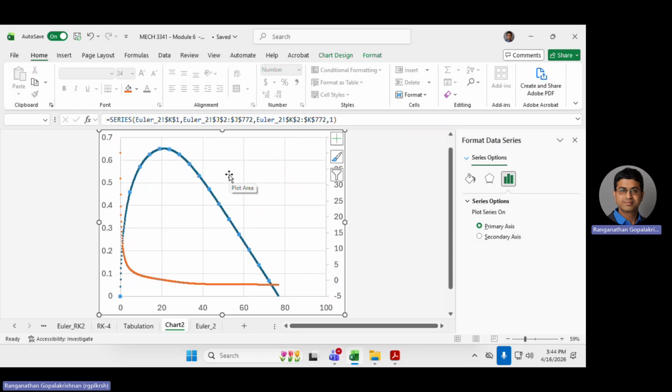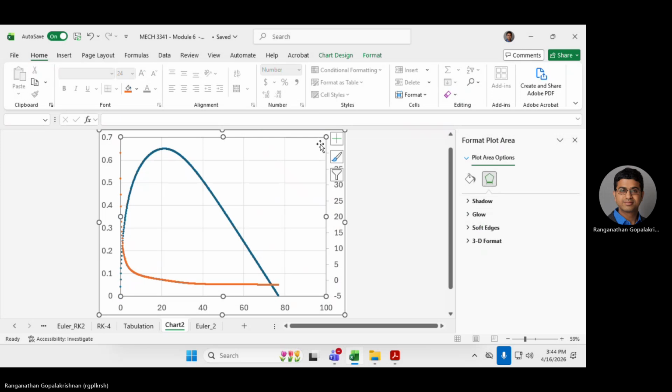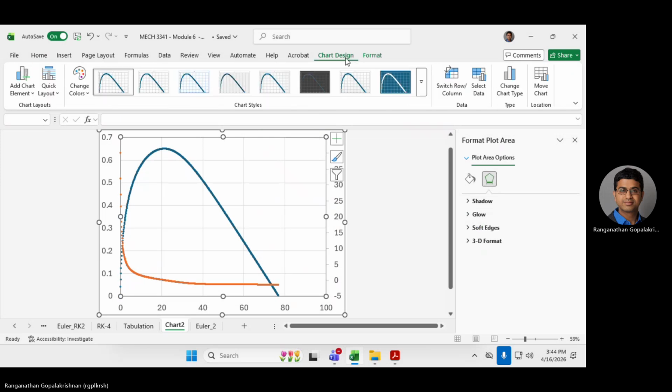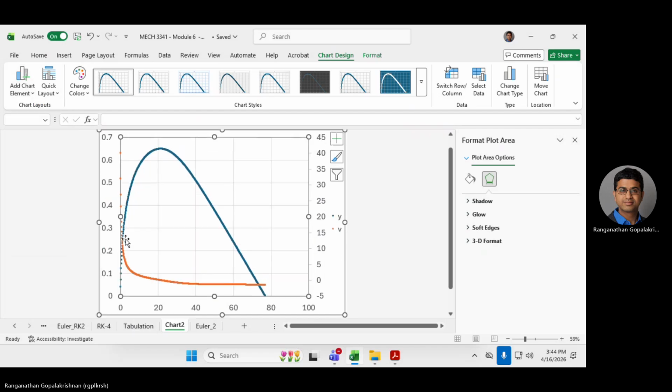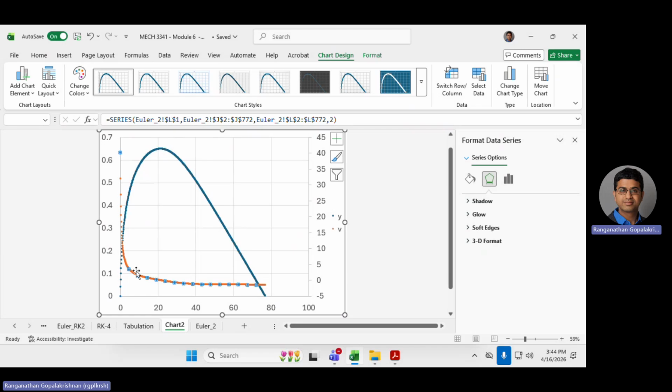But essentially the velocity decreases and then continues to increase. Okay, confused here. Oh, sorry. So yeah, this is position, and this is the velocity.